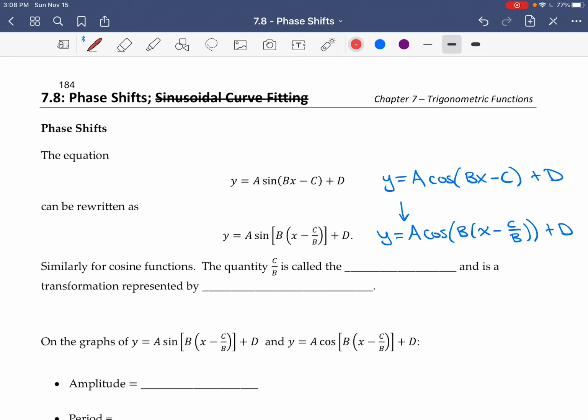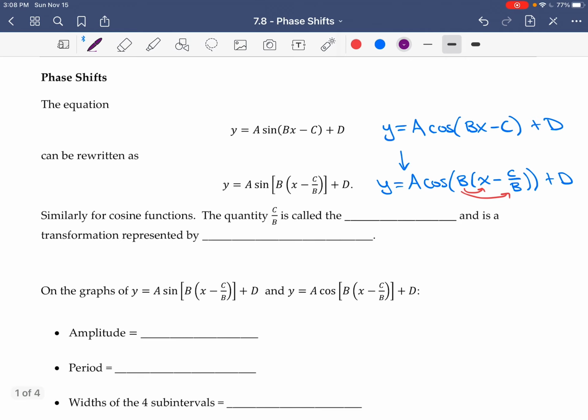If the b went back in, the b here and the b here would cancel out, and I would just get the minus c. That's why it's c over b. The c over b is called the phase shift, and this is the horizontal shift.